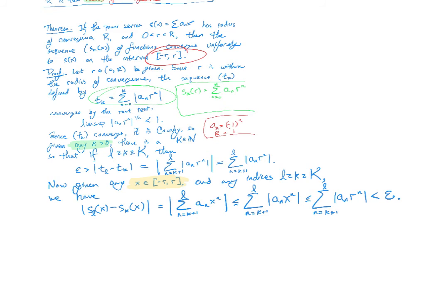So for any epsilon, there is a capital K, so that for any indices L greater than or equal to little k greater than or equal to capital K, the difference between any two of these functions is less than epsilon.